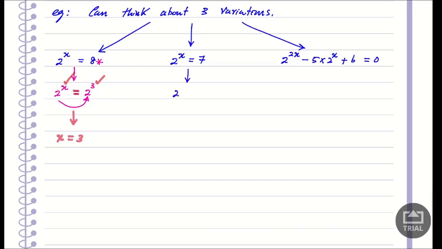Now here, 2 to the power x equals 7. Can you write 7 in terms of 2 to the power something? Actually very difficult, right? Very difficult, right? If you don't have the calculator, you're stuck.